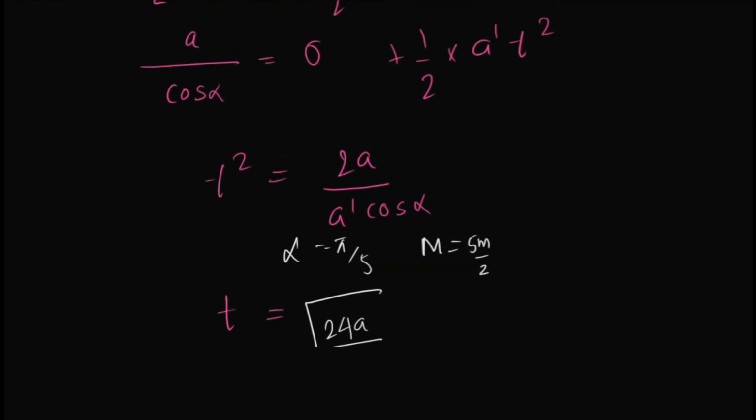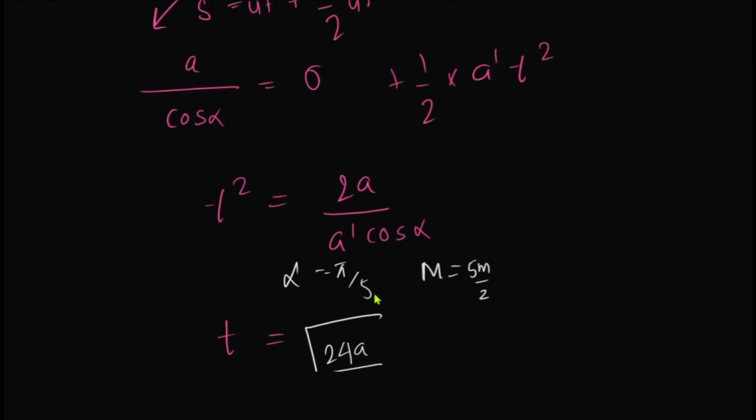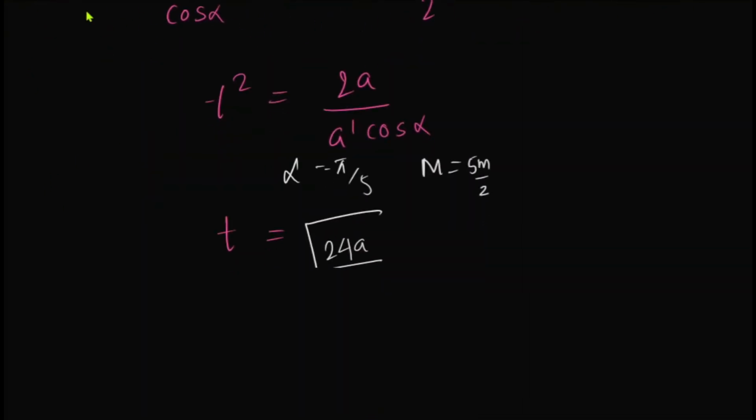Let me once again rewrite it. For the wedge, in this direction, v equals u plus at. v is what we need to find. The initial velocity is 0. The acceleration is g over 6.